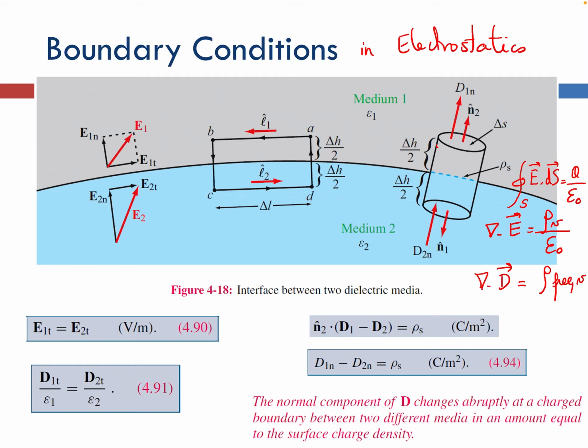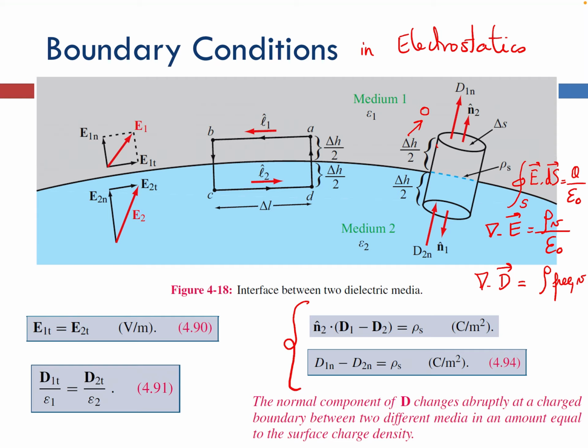And if we choose a box that is symmetrically placed around this interface between two different media, we can see that as we make this box become thinner and thinner, the flux will only be given by the normal component, which has flux through the top and bottom cylinders, and that gives us this normal relation for the boundary conditions for the electric field.